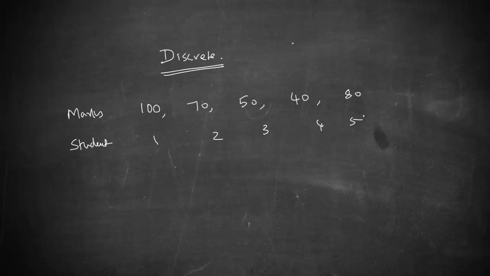This kind of tabulation is called discrete or ungrouped or simple frequency distribution, because here I am just talking about a particular student and the marks obtained by them.